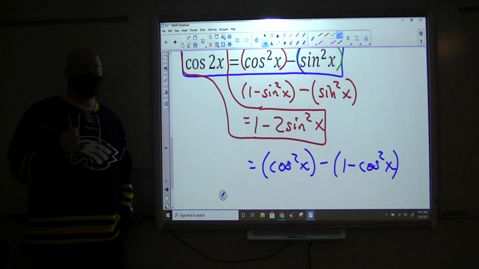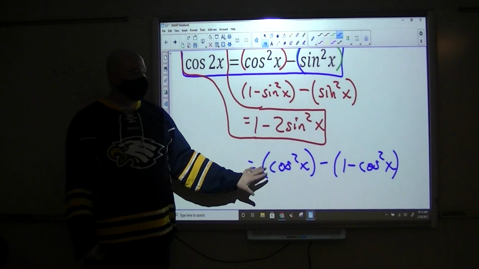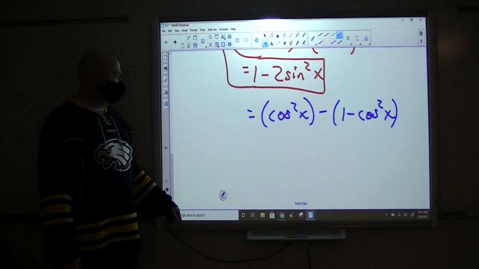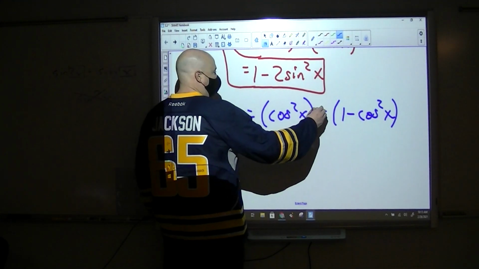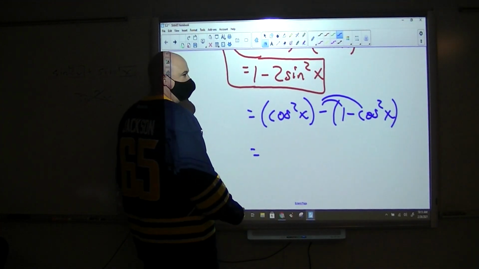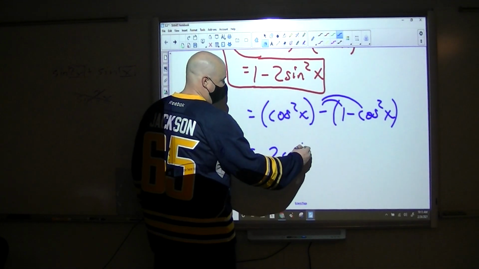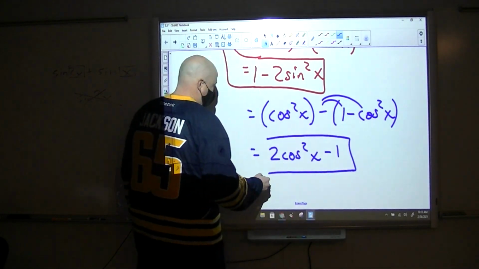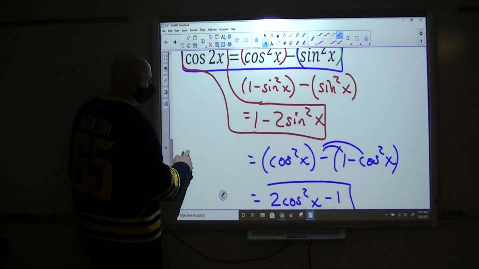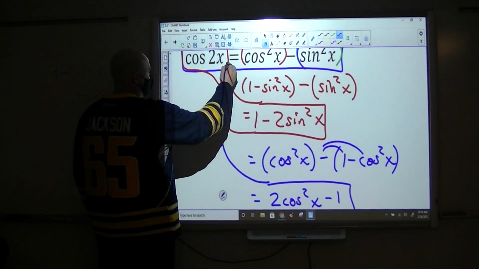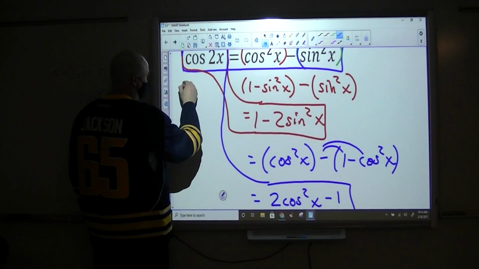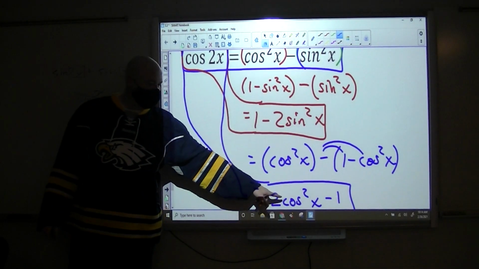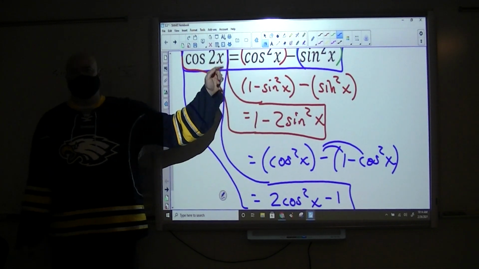So if I wanted a substitution for the double angle of cosine only involving cosines with single angles, it would look like this. Careful here with that negative. We'd have positive 2 cosine squared x minus 1. So we also have this equivalent statement down here. So all three of these are equal to the double angle for cosine.